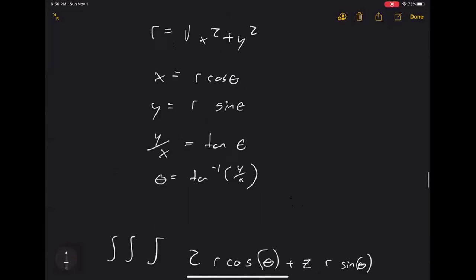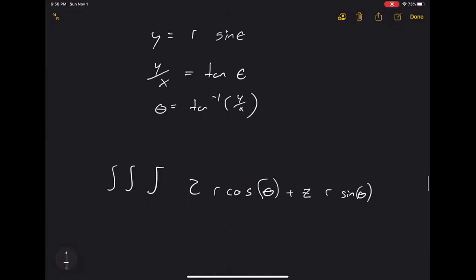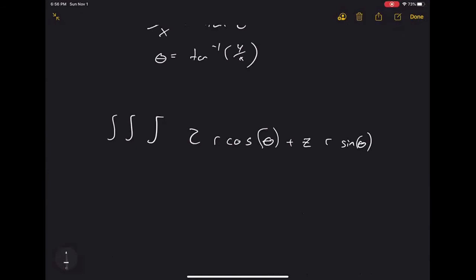Okay, and then I'm changing dx dy. I want to change those to dr d theta. And remember, we learned this in polar coordinates in 15.3. When I change from dx dy to dr d theta, I have that extra r term.